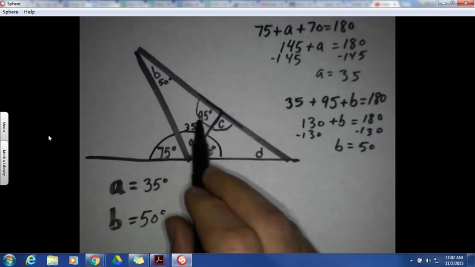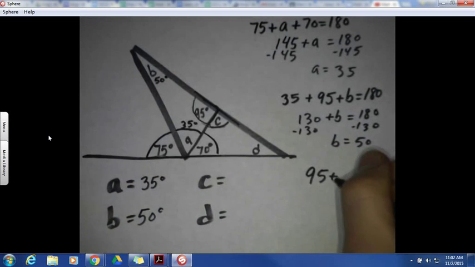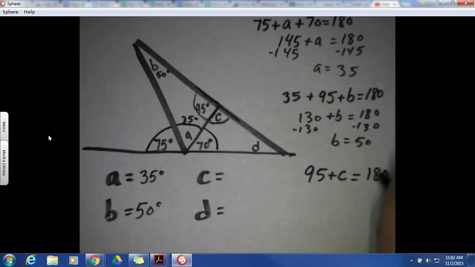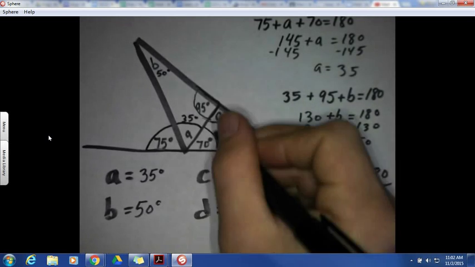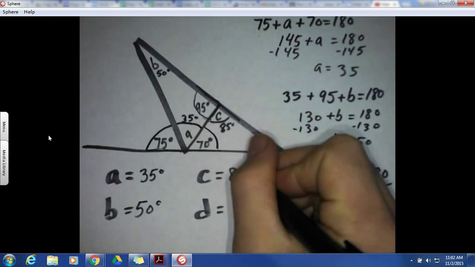Angle 95 and angle C, 95 plus C, should add up to 180 because they are supplementary angles. A quicker way of doing this is just 180 minus 95. C equals 85 degrees.